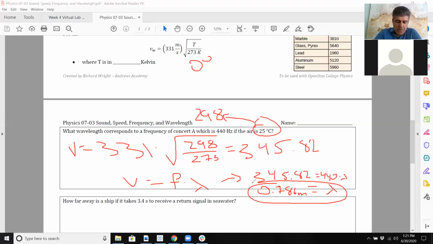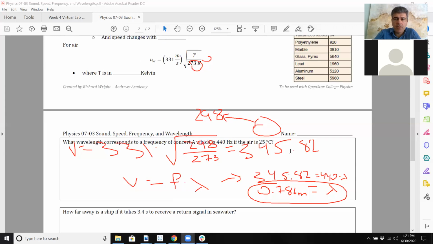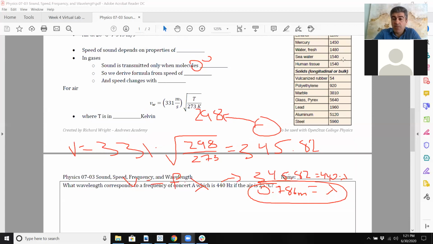How far is a ship if it takes 3.4 seconds to receive a return signal in sea water? Well, we have a table here. What's the speed of sound in sea water? Looks like it's 1540.